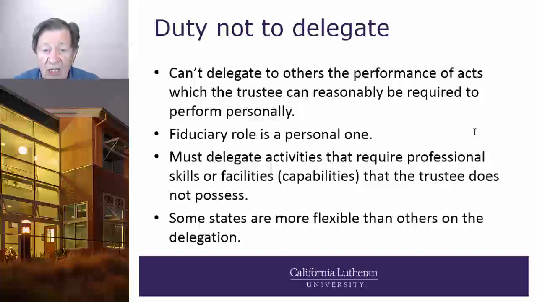They had hired experts. But as a general rule, you're expected to be able to do what's called out in the trust if you're a trustee. The fiduciary role is a personal one, which is quite obviously the main reason we have all of these rules on trustees, because they are fiduciaries.